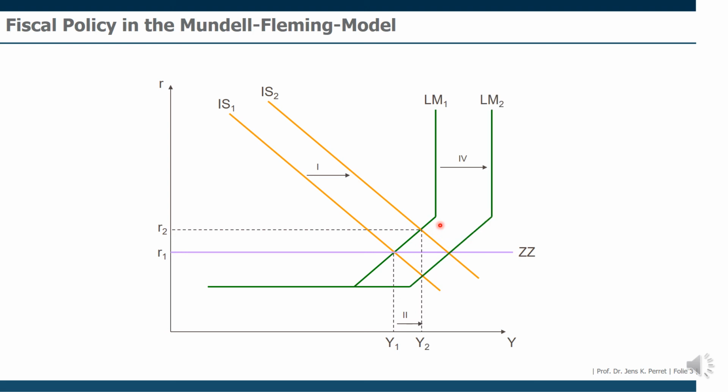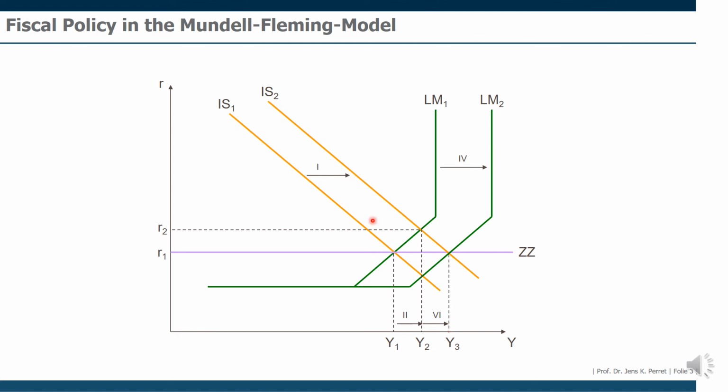And it will move to the right until our domestic equilibrium is again lying on the ZZ curve, so being a global equilibrium as well. Then we get this new overall economic equilibrium with the same interest rate as before, but a higher GDP.